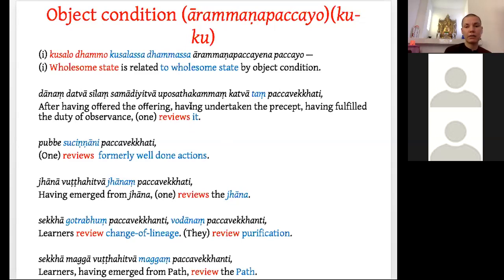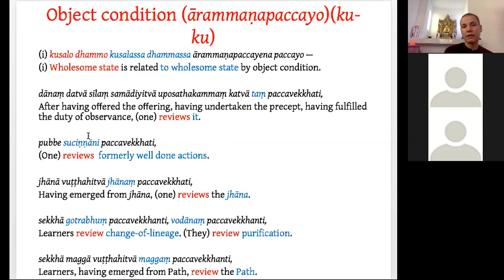On that day, usually in Buddhist countries, a lay follower will come to the monastery and make dana and undertake 8 precepts, maybe meditate, listen to a Dhamma talk. So it's a religious day, and this kind of activity on the Uposatha day is called uposathakamma. When one reviews that he has done that, wholesome consciousness arises.